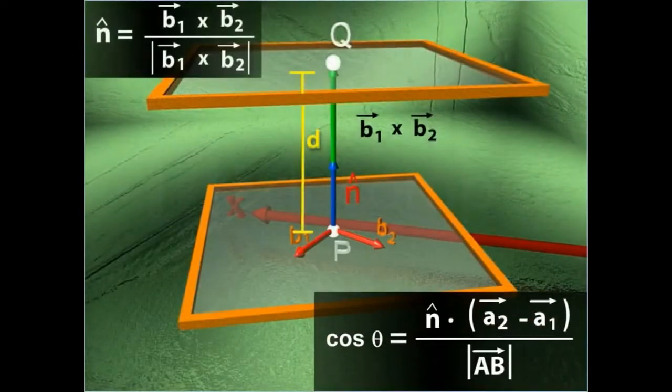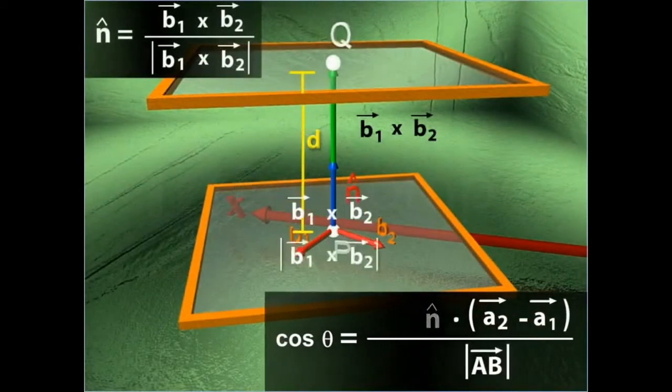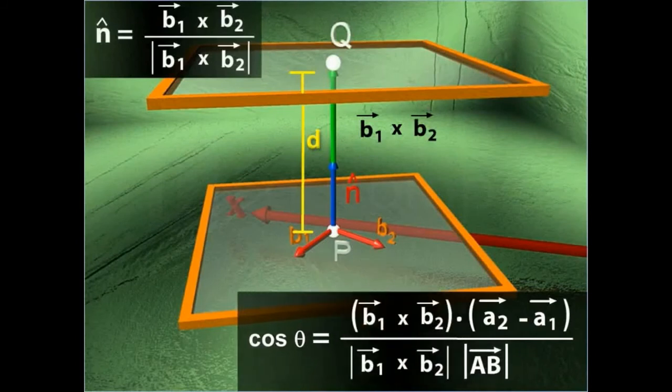Now, substitute vector B1 cross vector B2 upon magnitude of vector B1 cross vector B2 for n cap.